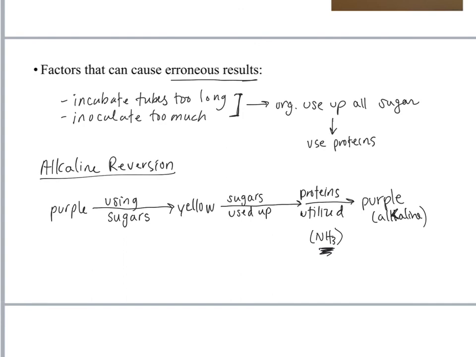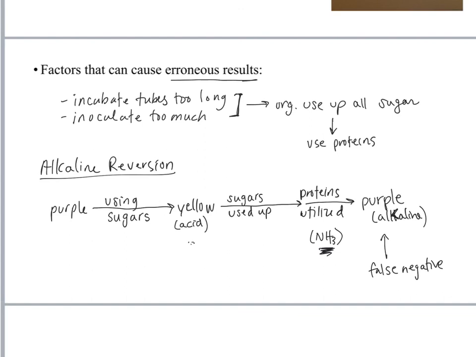Okay, so originally we had some acidic end products. So if you're only looking at your tubes now, maybe after 3 or 4 days, and they're purple, that would give you a false negative because you totally missed this yellow color change because you weren't paying attention. Okay, so I just want you to be aware that that can happen.